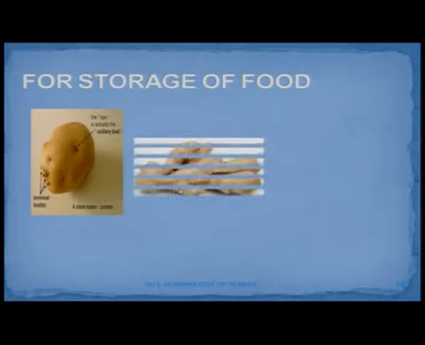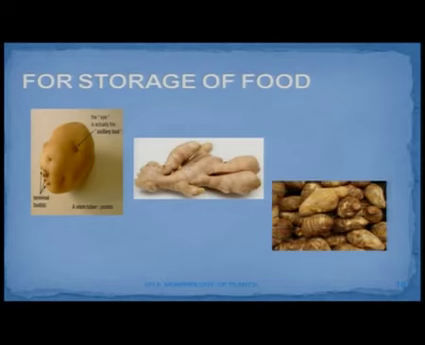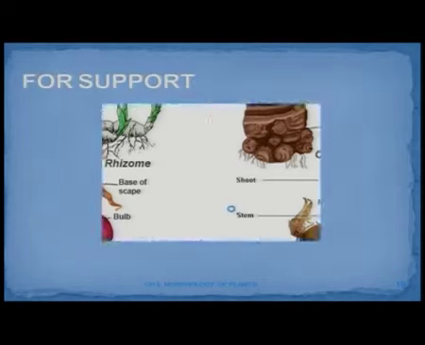Then other stem modification is ginger. Here you can see the presence of scale leaves, and colocasia. It is also a modified stem to store the food. Here, as I told you earlier, these modified stems act as organs of perennation to tide over unfavorable conditions. So, you can see the new shoots arising from these organs.